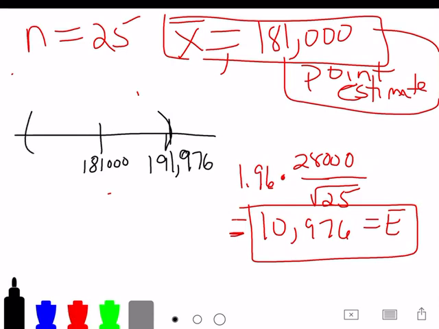And then I'm going to enter 181,000 minus 10,976, minus my E. Remember, the middle is x bar. This is x bar plus E, and this is x bar minus E.